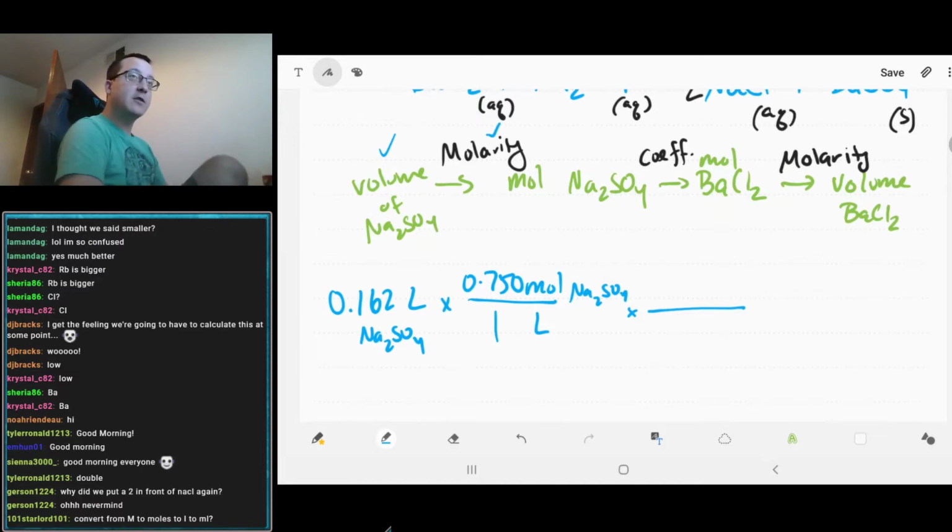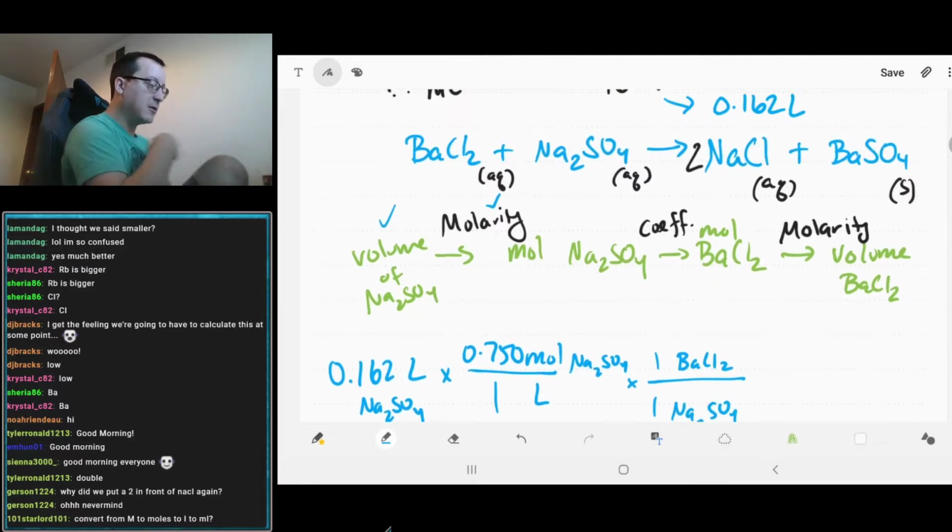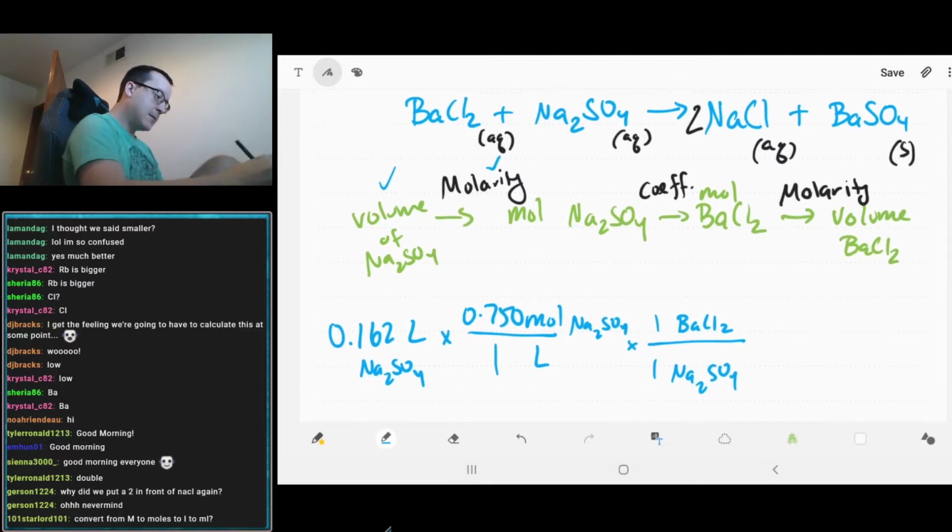So now we are in moles of sodium sulfate. So we're going to use our reaction coefficients, which were both 1. As you see, we have balanced the equation. Same coefficient there. So we have put that in.